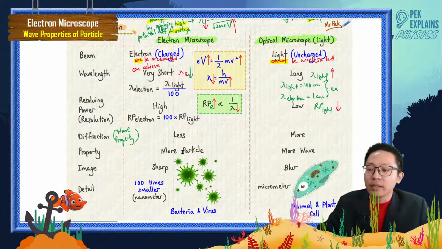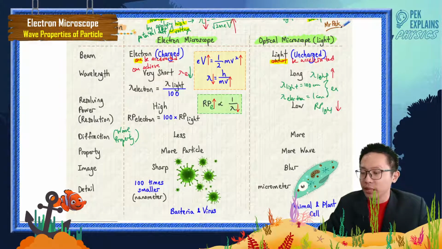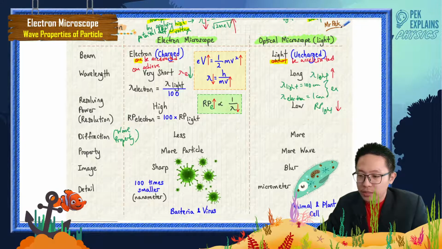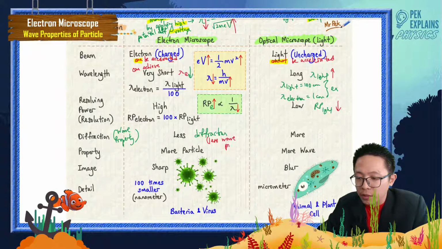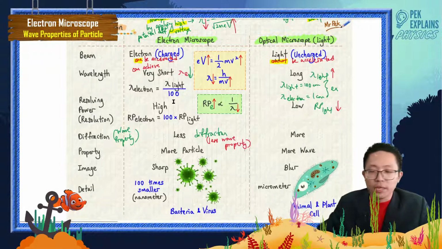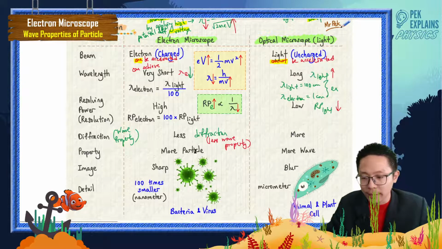Less diffraction means less wave property. When you say less wave property, it means more particle property. Electrons behave more like particles.